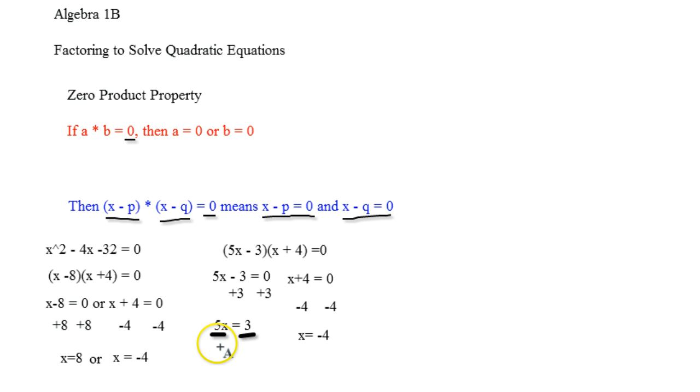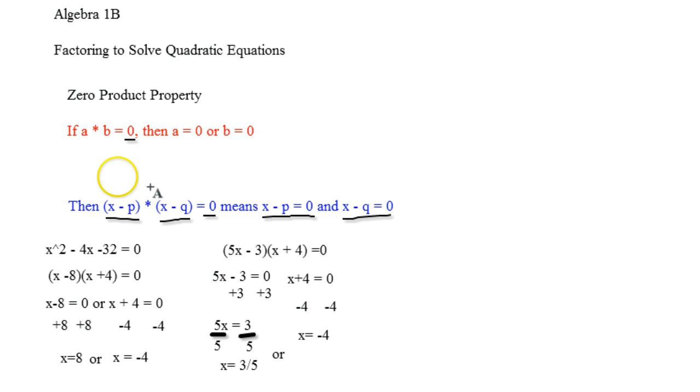Sorry about my crooked division sign. Okay, we divide both sides by 5, and x has to equal 3/5. Okay, now obviously this is an or, so it can't be both numbers because both numbers aren't the same. Okay, but that's how we do factoring to solve quadratic equations.